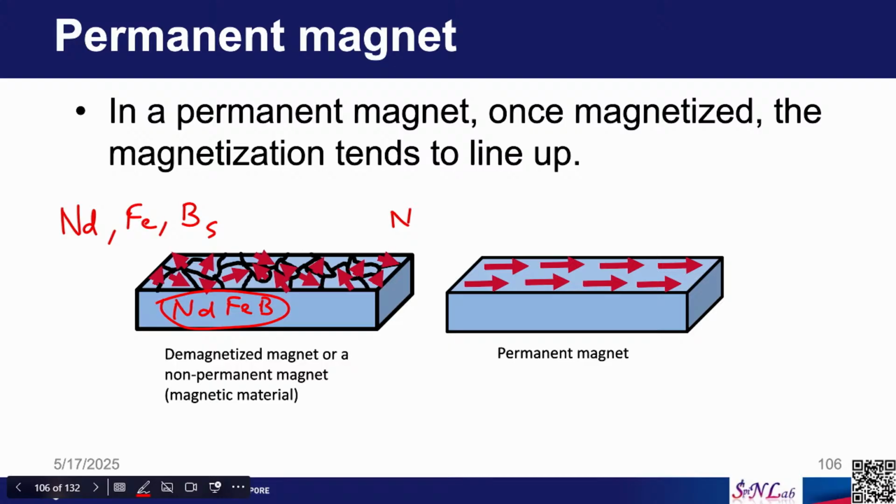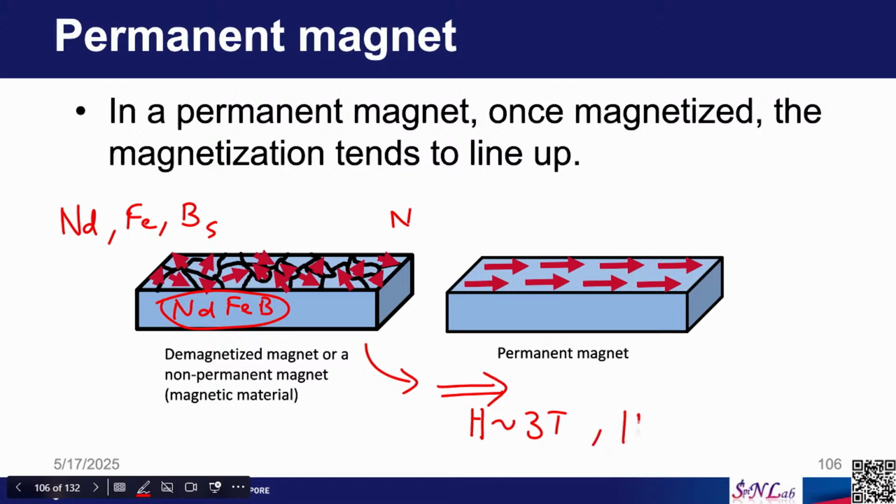What I need to do is subject this piece of magnet to a very strong magnetic field, typically something like 3 Tesla. I apply a very large magnetic field, and I force all the magnetization to point along this direction.